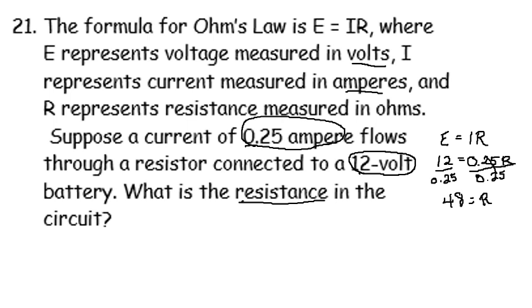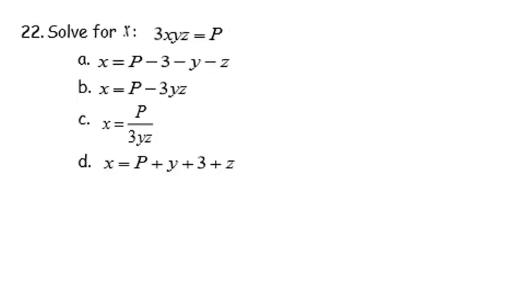All right, so let's look at number 22. They're telling us to solve for x. So we've got the equation 3xyz equals p, and we're trying to solve for x. So we want to get the x all by itself. I see with the x, it's got the 3, the y, and the z, and all of those are being multiplied with the x.